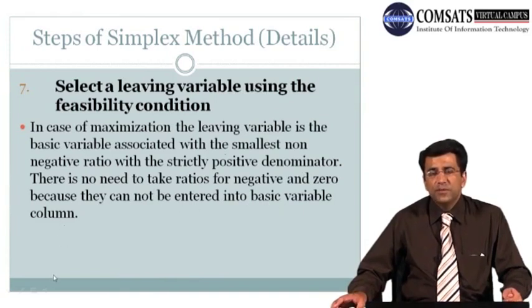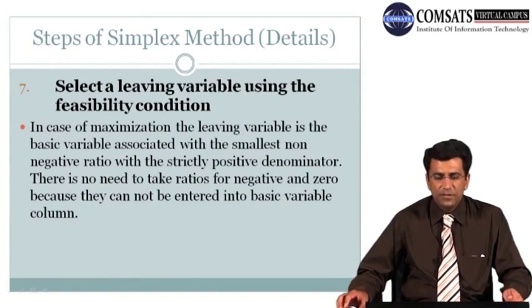After identifying the pivot column, we divide the values of the right hand side by the corresponding values of the pivot column to get the ratios, and then we find the minimum ratio. The row with the minimum value will be taken as the pivot row, and the corresponding basic variable will be our leaving variable.